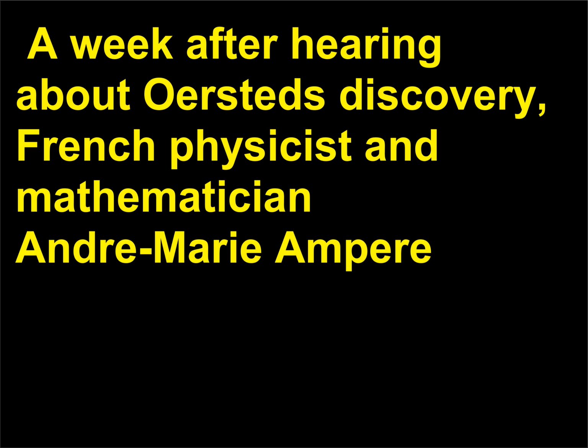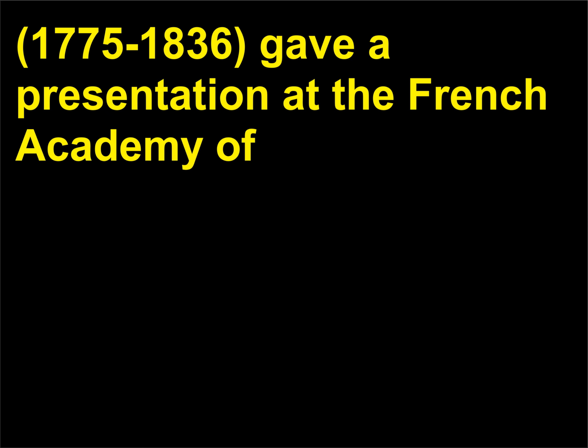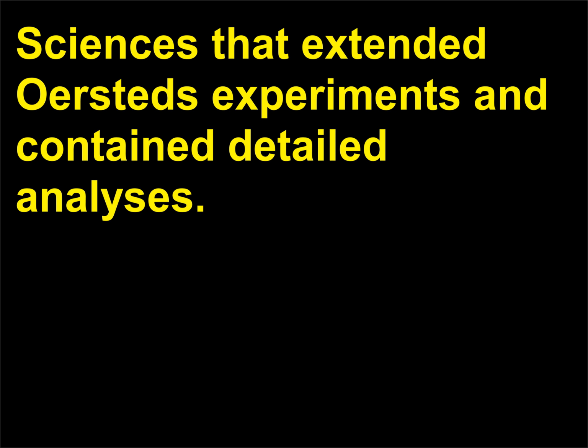A week after hearing about Ørsted's discovery, French physicist and mathematician André-Marie Ampère (1775–1836) gave a presentation at the French Academy of Sciences that extended Ørsted's experiments and contained detailed analyses.